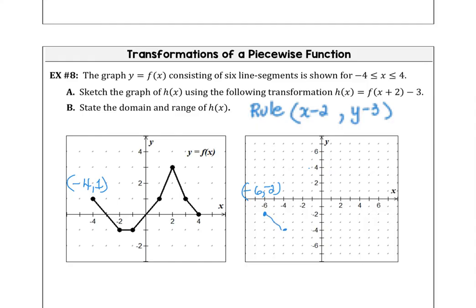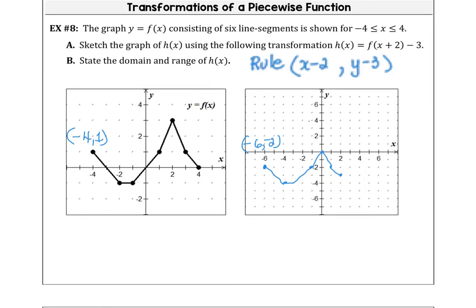And we can follow the pattern, the shape of the graph, because all we're doing is transforming that without actually altering or distorting the graph at all. We're just translating it down 3 and left 2. I believe that does that, if I did that correctly.